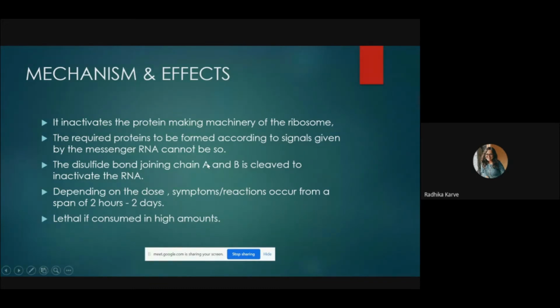During the inactivation of the ribosome machinery, the disulfide bond which was joining chain A and chain B gets cleaved. Depending upon how much ricin you consume, it takes days or even hours for the symptoms to show, and it's lethal immediately if consumed in very high amounts.